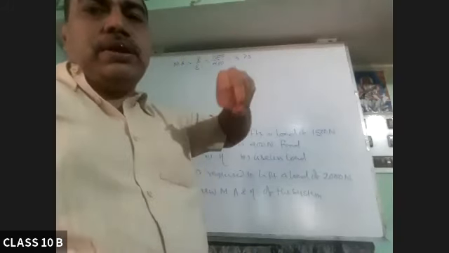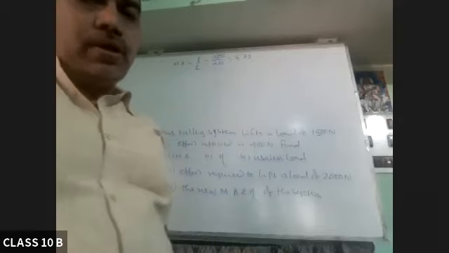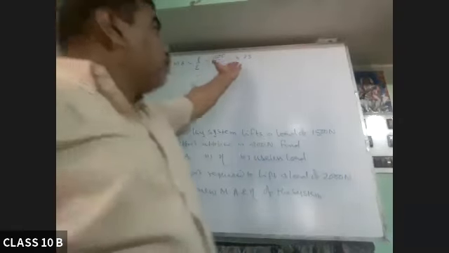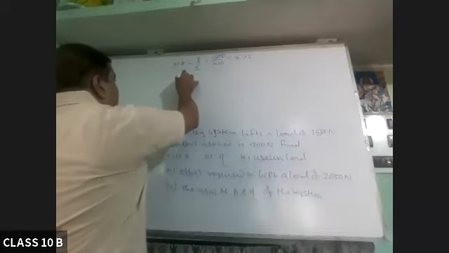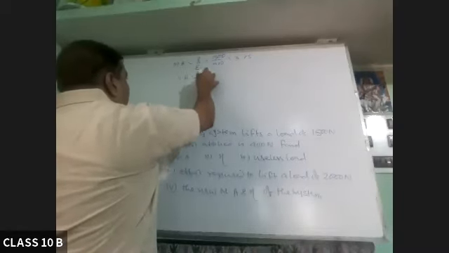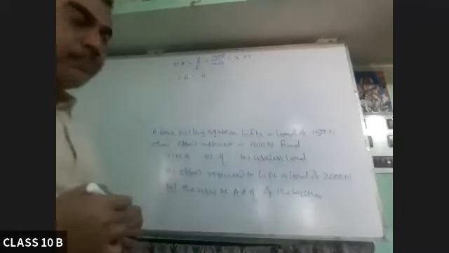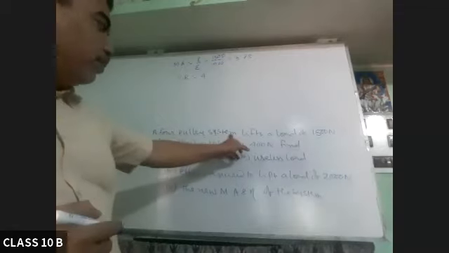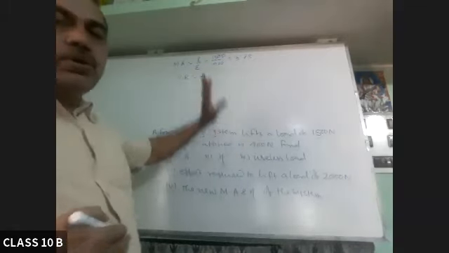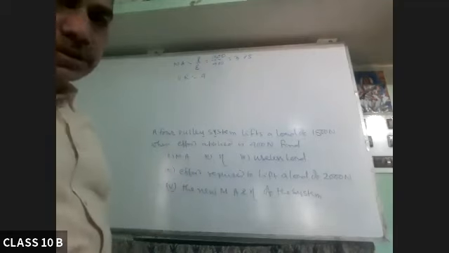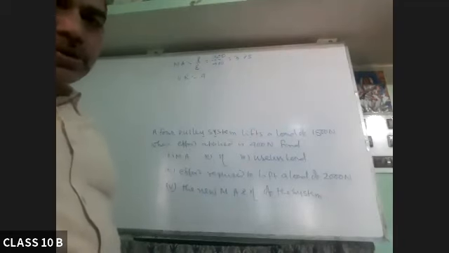So we will consider 4 only, not 5. If it is coming more than 4, then that situation may arise. So here velocity ratio you will consider 4. This is not given in the question paper. You are given a 4 pulley system, which means you are supposed to know the velocity ratio of this system. That velocity ratio will not be given in the question.